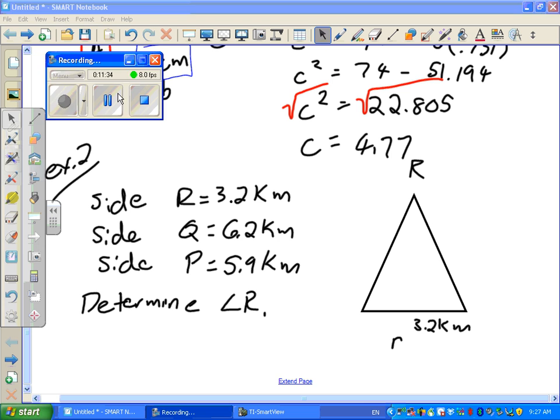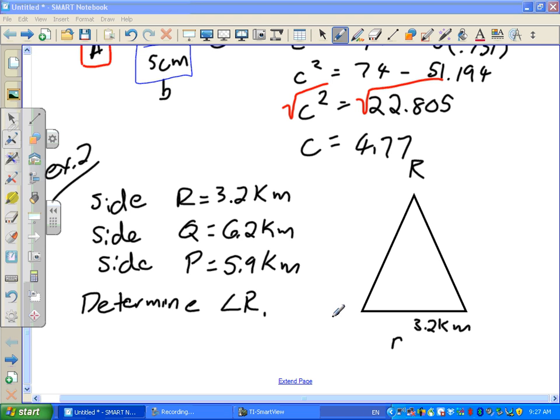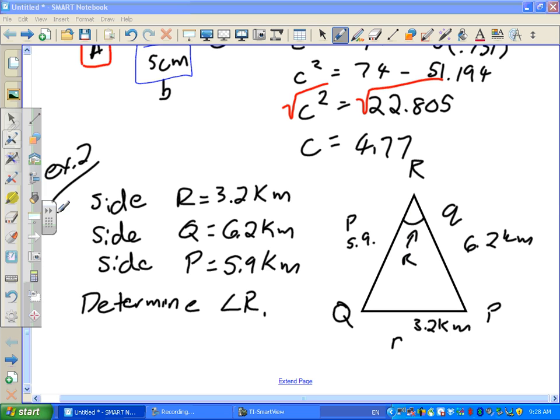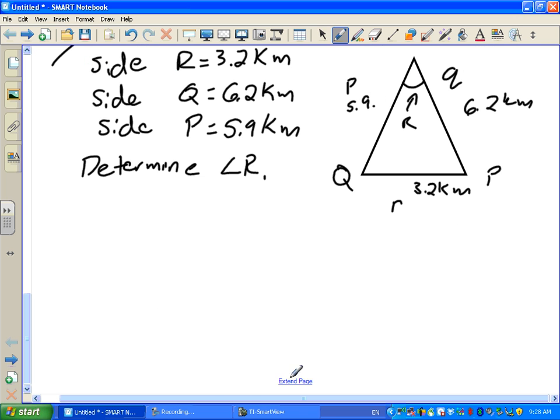We're going to call this angle Q, so this will be side Q, which is 6.2 kilometers. And finally, side P and angle P, 5.9 kilometers. So, in other words, they want us to solve for this angle right here. That is going to be our angle R. So we have three sides of a triangle, which means we're going to be using cosine law.